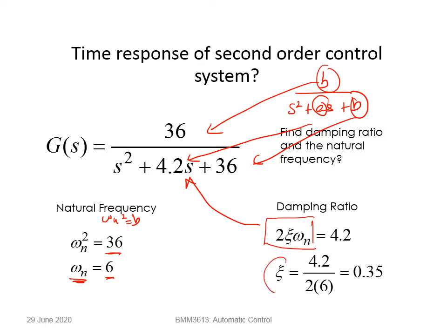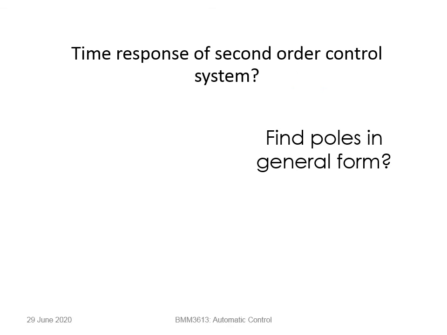We can therefore deduce that zeta equals 0.35. So for this particular transfer function, or this particular system, we have a natural frequency of 6 radian per second, and a damping ratio of 0.35.